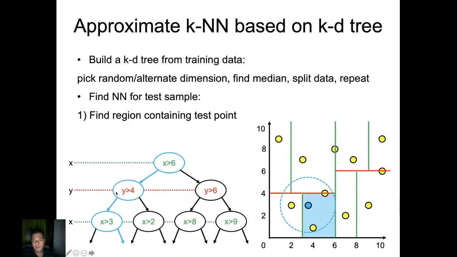If this is a complete KD tree, then all potential neighbors are on the path back to the root. So these can be at most log n. So we reduce the computation from n to log n. Imagine if you have 1024 data points, you will just have 10 potential neighbors to consider.